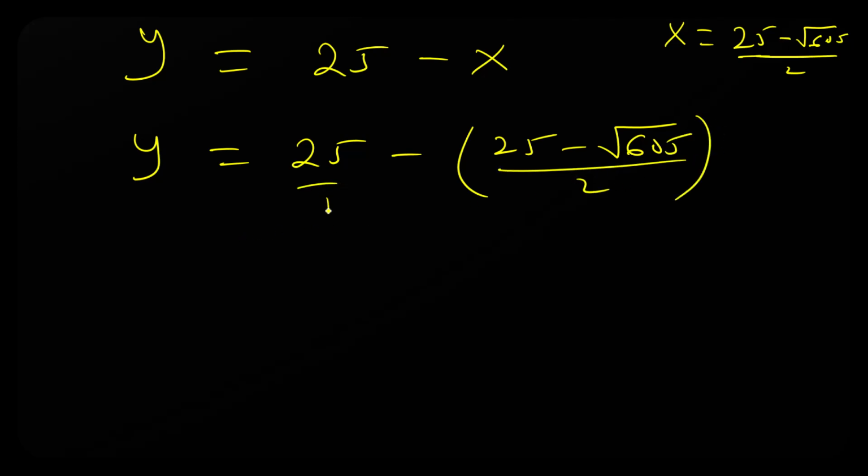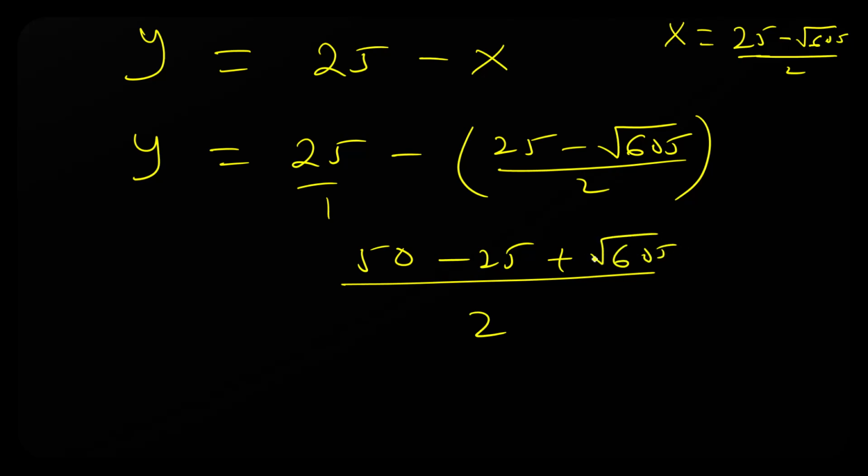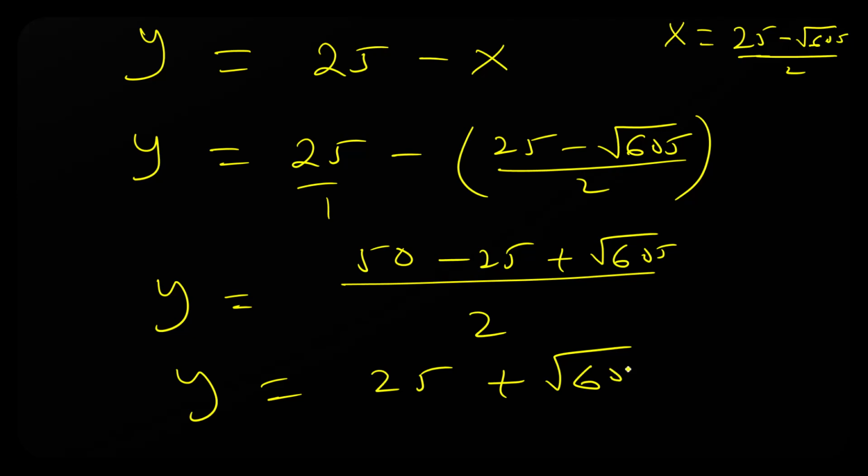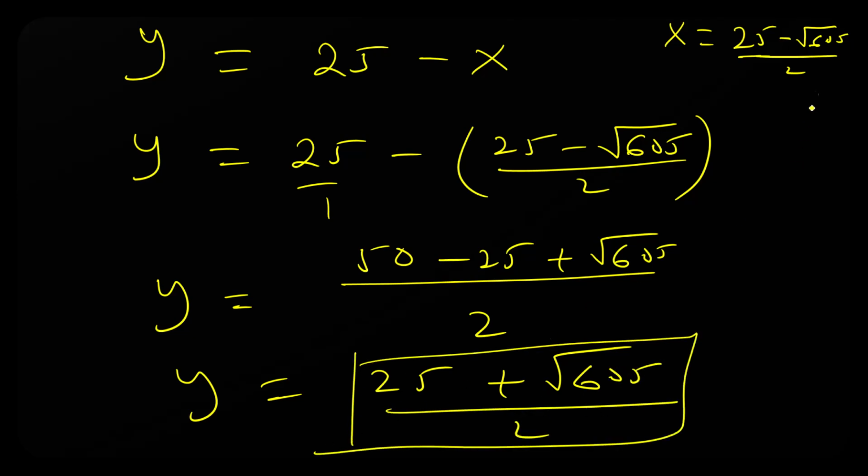So let's make this side over 1. 2 times 25 is 50. So minus 25 plus square root of 605. So we have 25 plus square root of that on 2. So we can say the answers are symmetrical. If this side is minus, this side will be plus, and if this side is plus, this side will be minus. All right, so that's that.